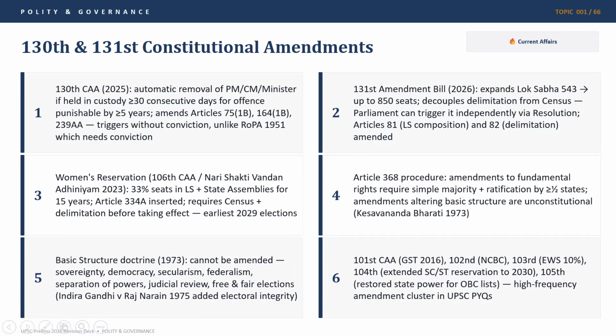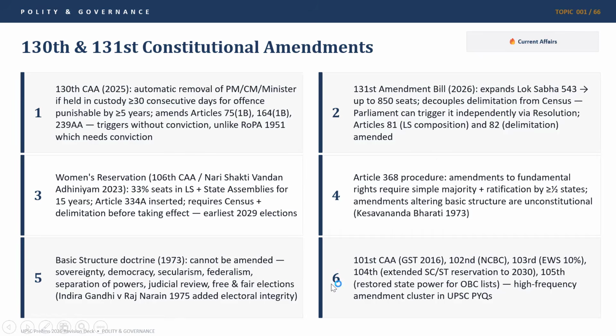Now, every year, this is a theme where UPSC asks about important constitutional amendment acts. The ones which you should remember are the 101st CAA, which was related to GST 2016, then the 102nd, which was related to NCBC, the 103rd related to EWS 10% reservation, the 104th related to extended SC/ST reservation to 2030. So this is very similar.